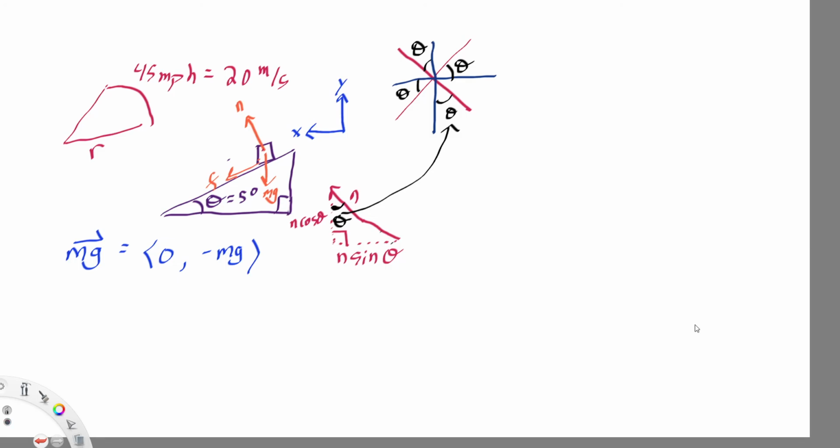We're going to do a similar thing with the friction. And here, this angle right here is actually the same as this one here. So there's our theta. So our x component here is going to be f cosine theta, and our y component will be f sine theta.